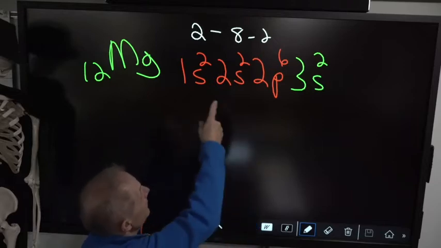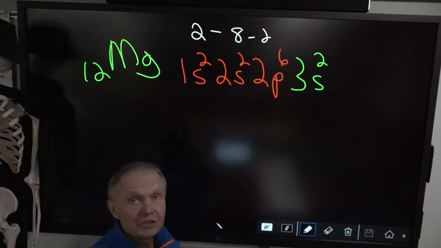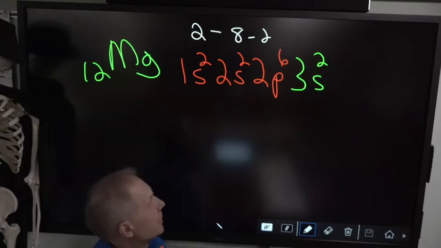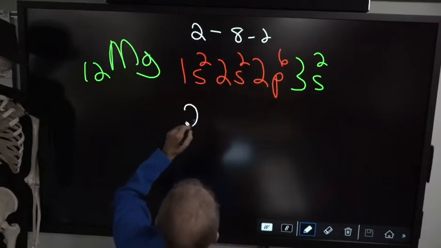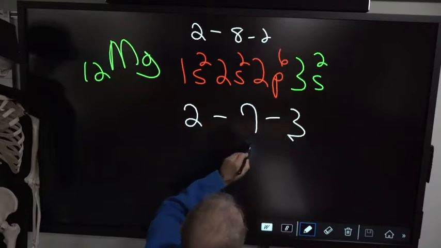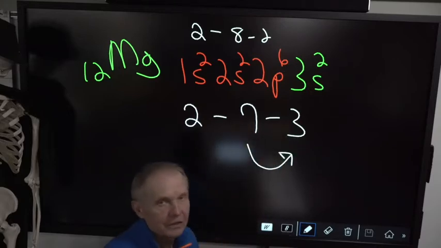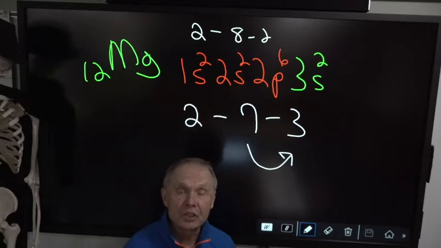If we put electricity into that magnesium atom at ground state, maybe one of the second shell electrons would gain enough energy and it would look like this. Instead of 2-8-2, it would look like 2-7-3. So what has happened is one of the electrons has jumped up. Now, that's called the excited state.